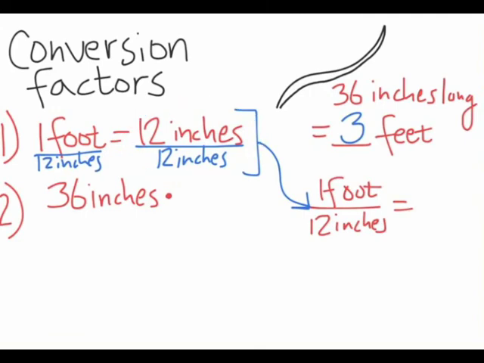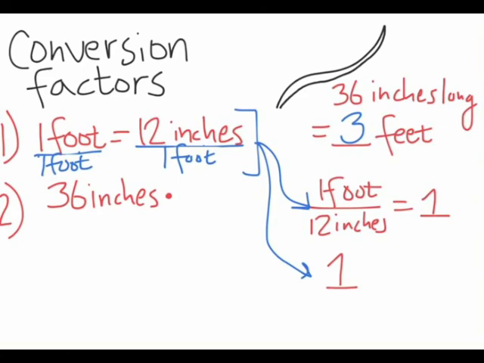Well, anything divided by itself is equal to, you guessed it, 1. So we could do this, or we could just as easily divide both sides of this equation by 1 foot. So in this case, the equation that we would get would be 1 equals 12 inches divided by 1 foot.